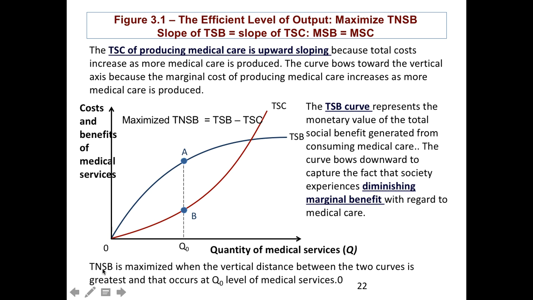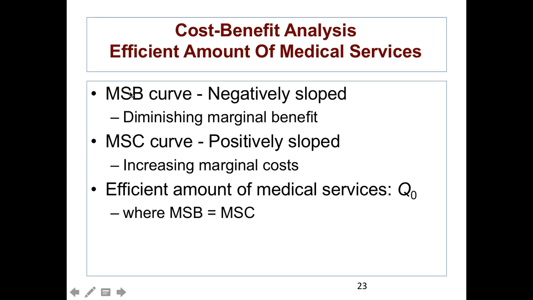So the total net social benefit is maximized when the vertical distance between the two curves is greatest, and that occurs at the Q naught level of medical services. So for the efficient amount of medical services, the marginal social benefit curve is negatively sloped because of diminishing marginal benefit, and the marginal social cost curve is positively sloped because of increasing marginal cost.